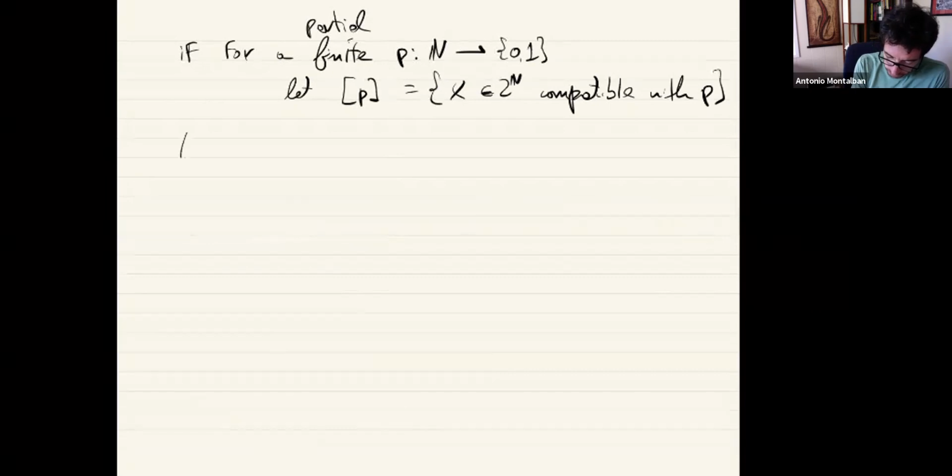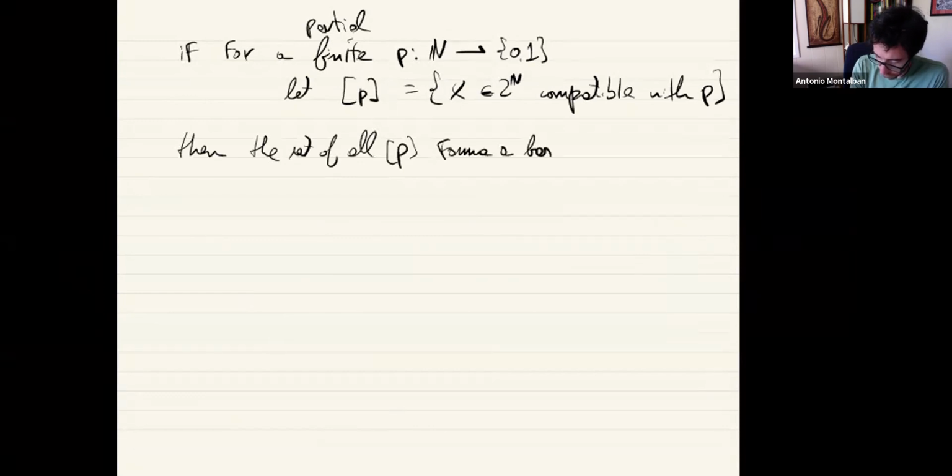Then the set of all these sets forms a basis for the topology. So these are essentially these guys. A p with a finite domain means that for finitely many natural numbers, you decide whether you choose a 0 or a 1.